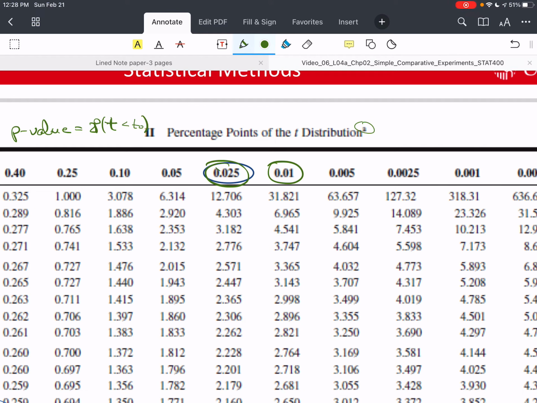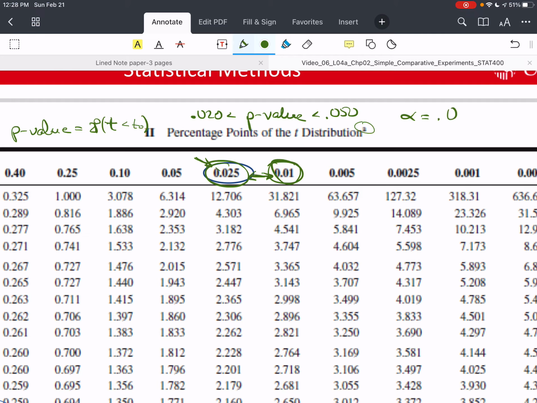So T is less than T naught. All right, 2 times that probability. Well, that probability is somewhere between these two numbers. So that means that our p-value is going to be between twice these. So twice of this is 0.02, and twice of this is 0.05. Okay, so our p-value is somewhere between 0.02 and 0.05.